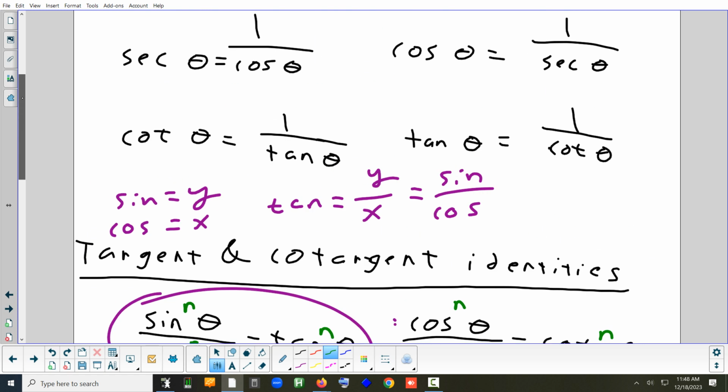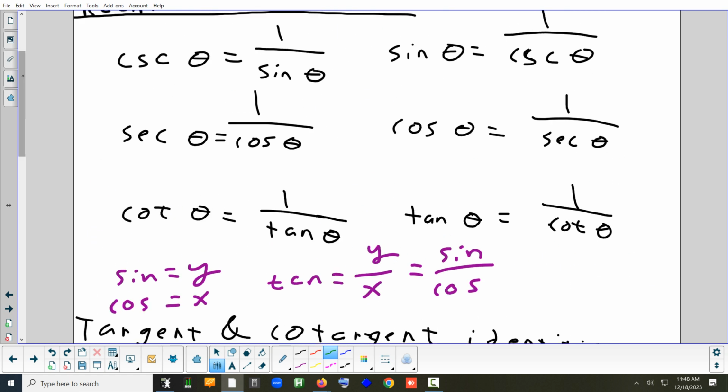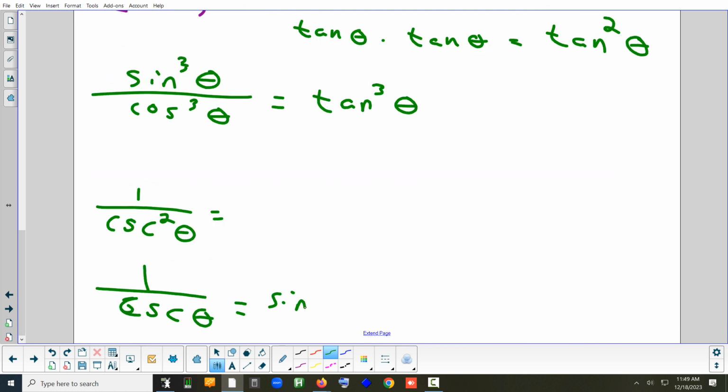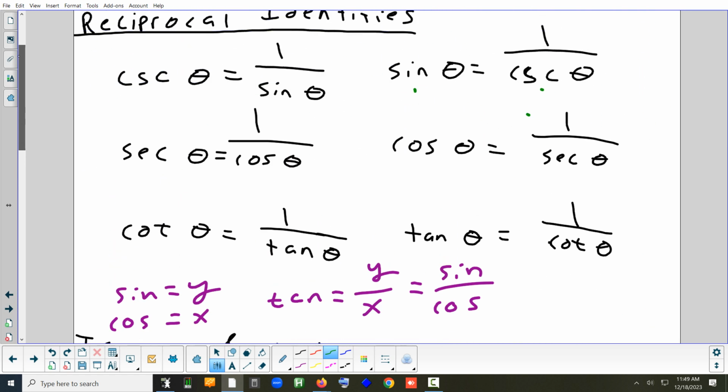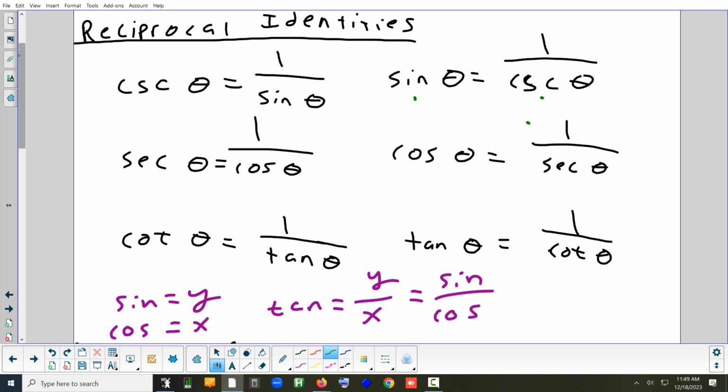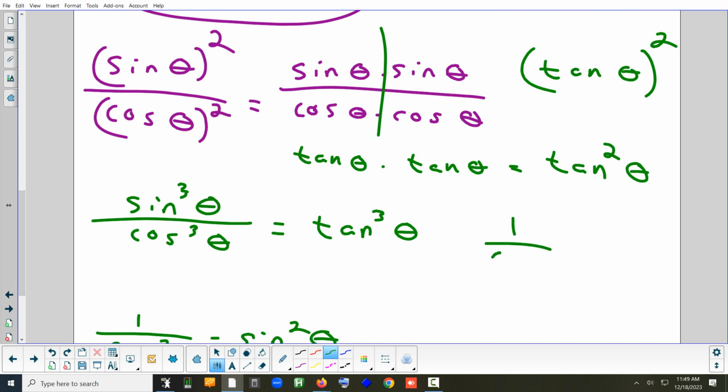Sine. When you flip the cosecant, you get the sine. So what if you flip the cosecant squared? Sine squared. If you flip, let's just try one more. If you flip the cosine, you get secant. What if you flip the cosine squared? What do you think you get? Secant squared.